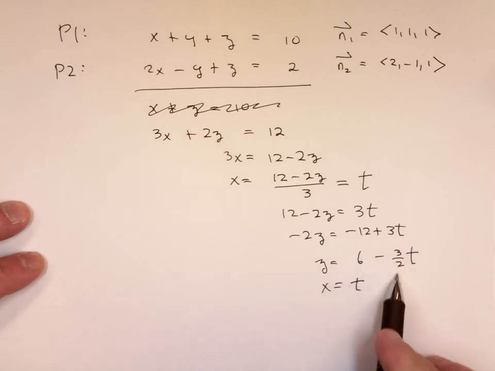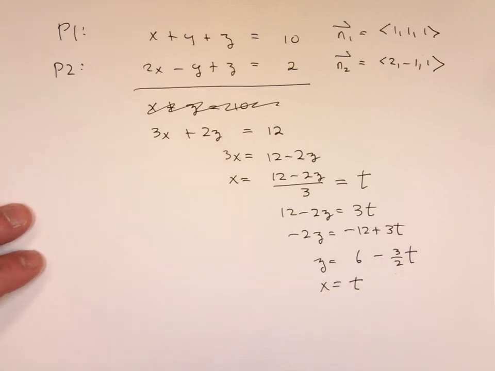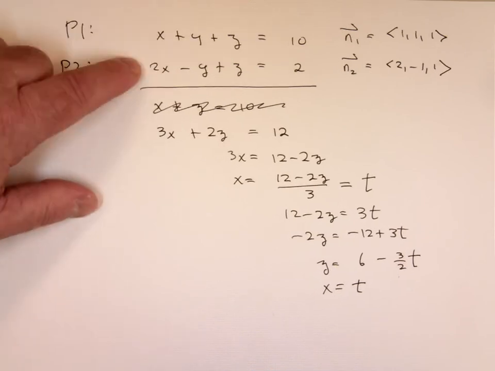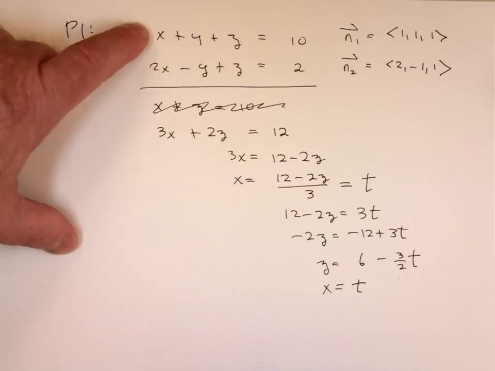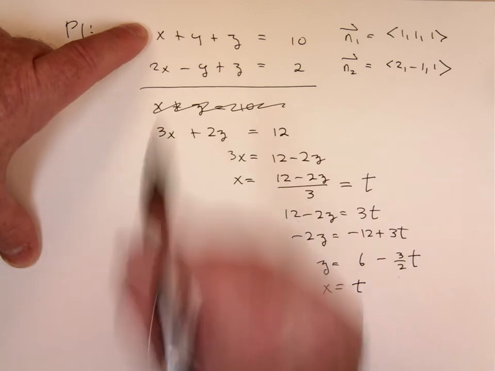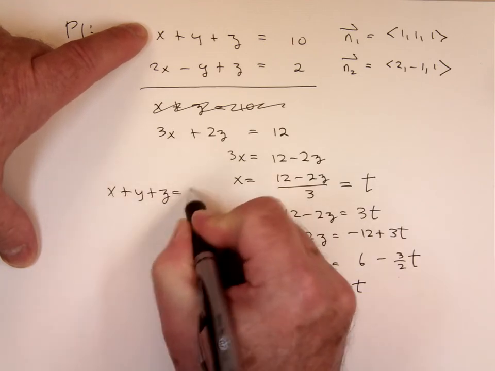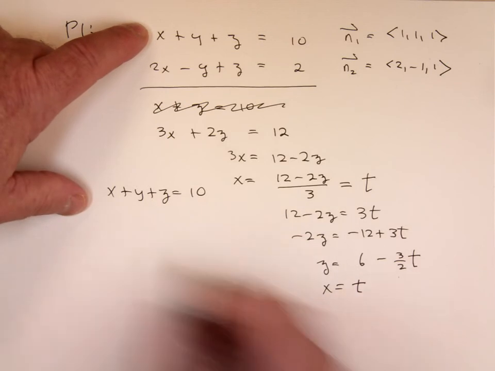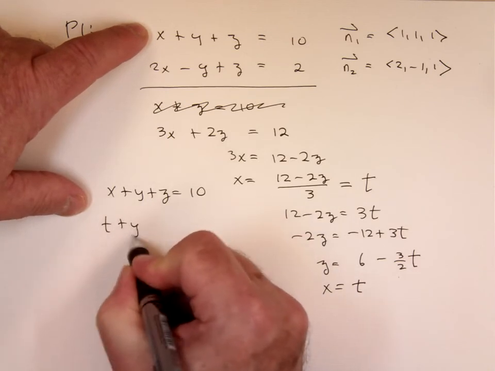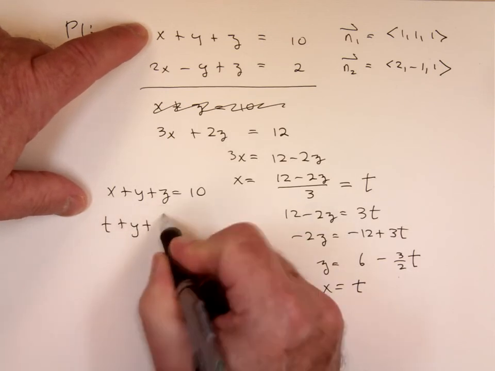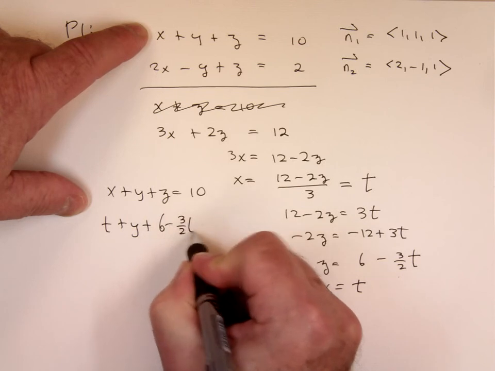And now I'm going to go back to one of these equations and solve for y in terms of t as well. So watch this. So x plus y plus z equals 10. What's x? t plus y plus z, 6 minus 3 halves t equals 10. Everybody okay with this?